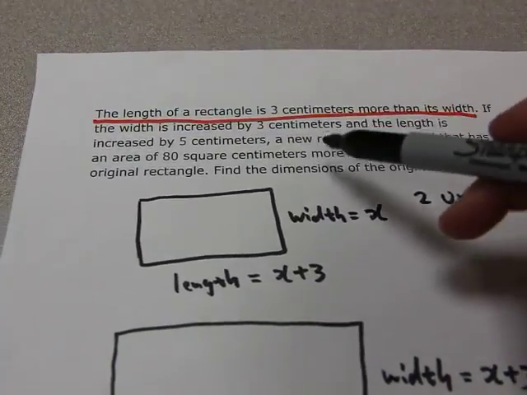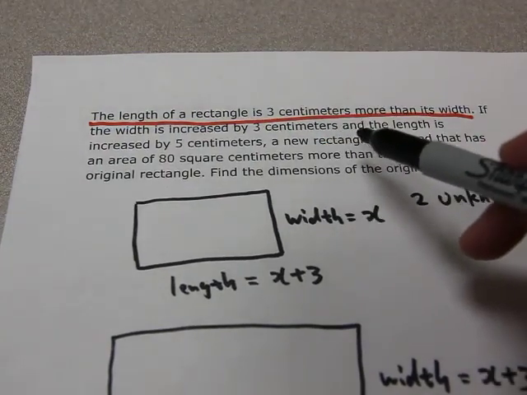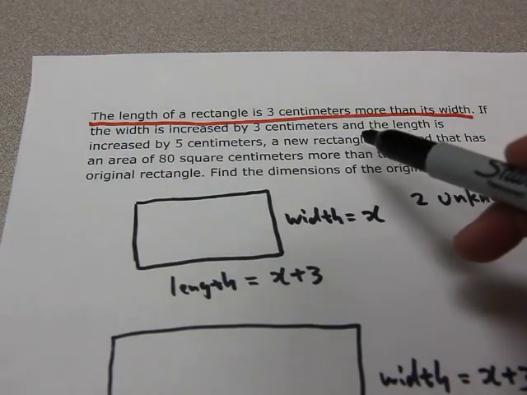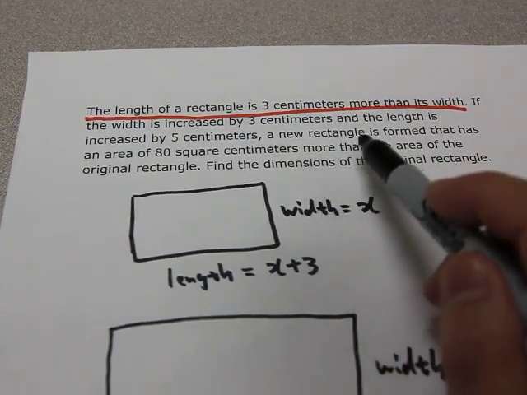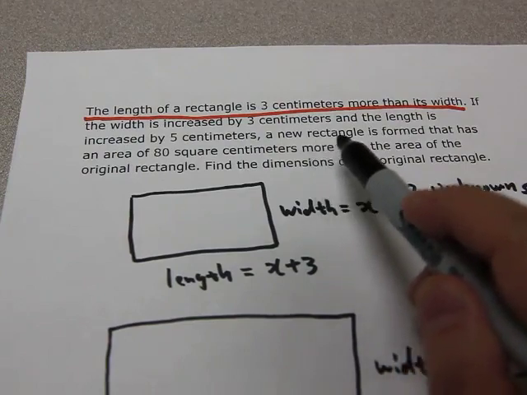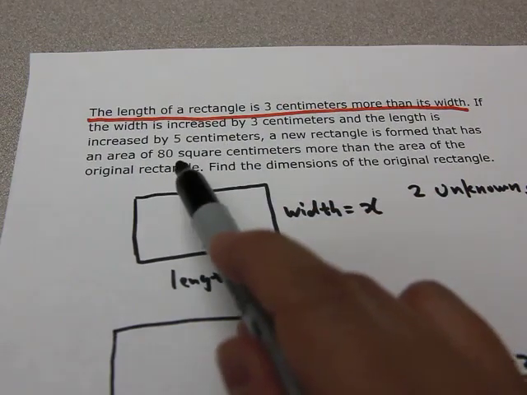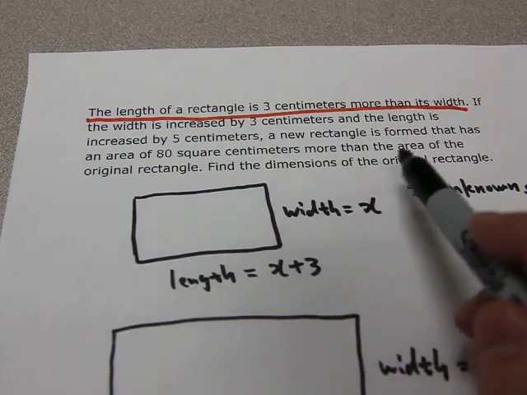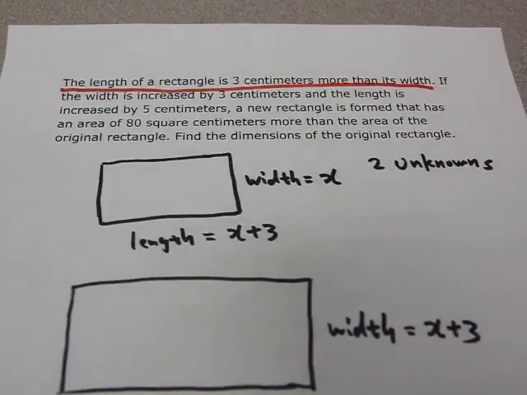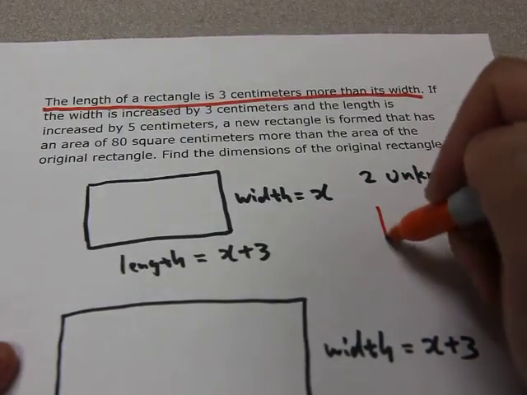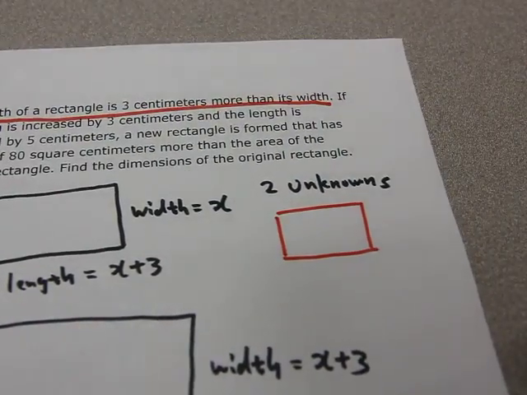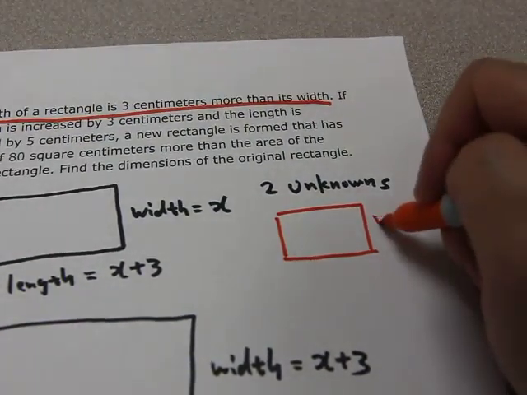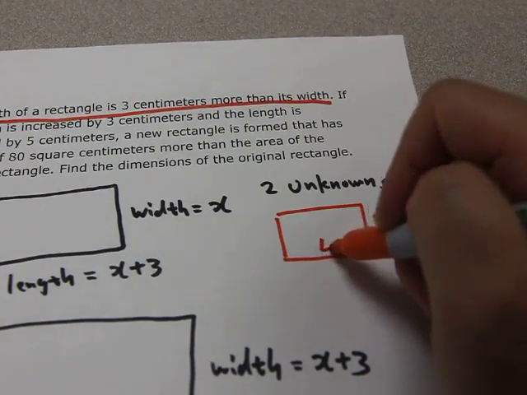And then we're given the relationship of the areas between these two rectangles. It says the area of the new rectangle is 80 more than the area of the original rectangle. So over here, let's recall the formula for finding the area of a rectangle if we are given the width and the length.